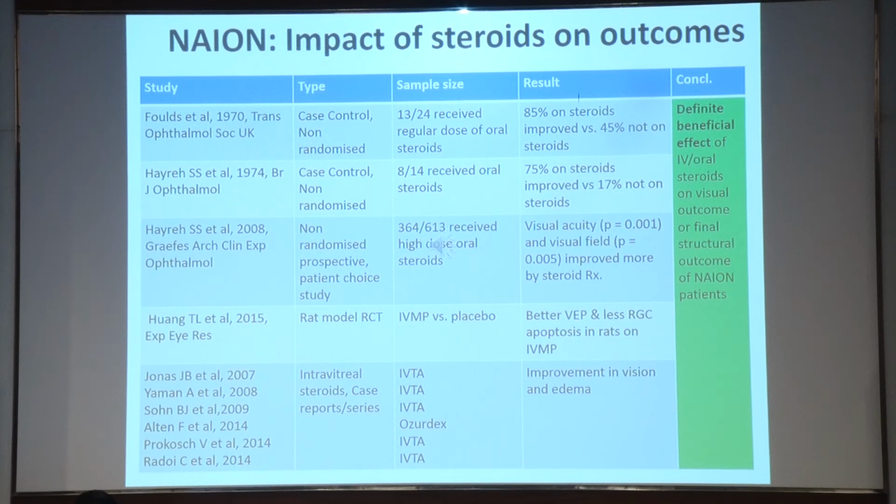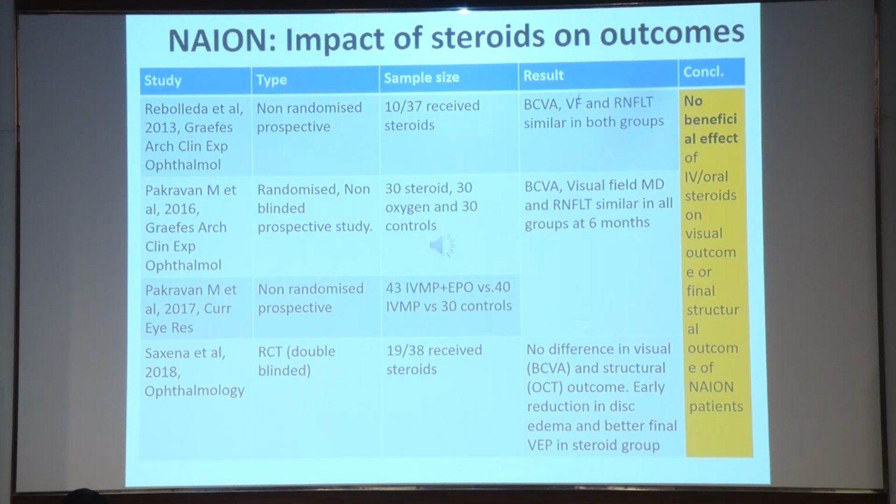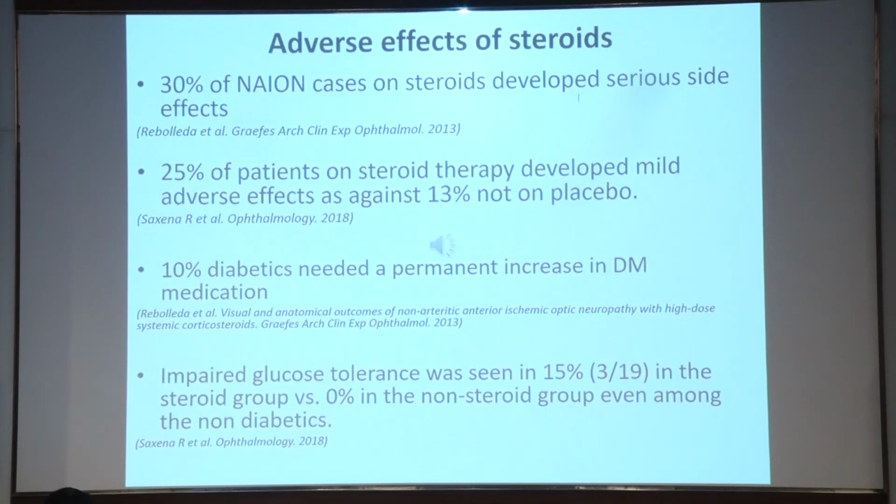There have been multiple studies to note the impact of steroids on the outcome, and these studies have shown that steroids may have some beneficial effect on the disease process. However, there are an equal number of studies showing that steroids do not offer any added advantage on the recovery of vision in cases of NAION.